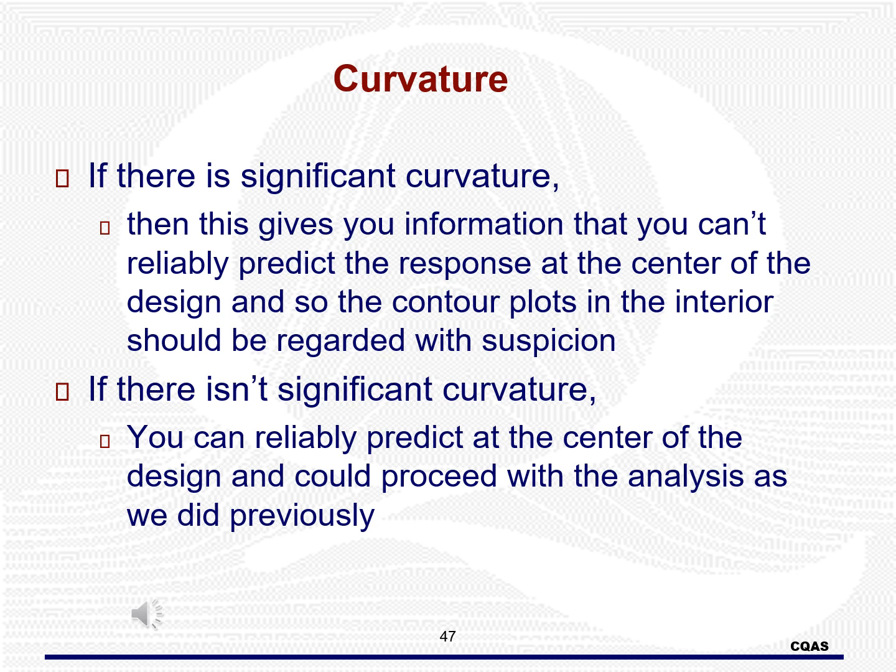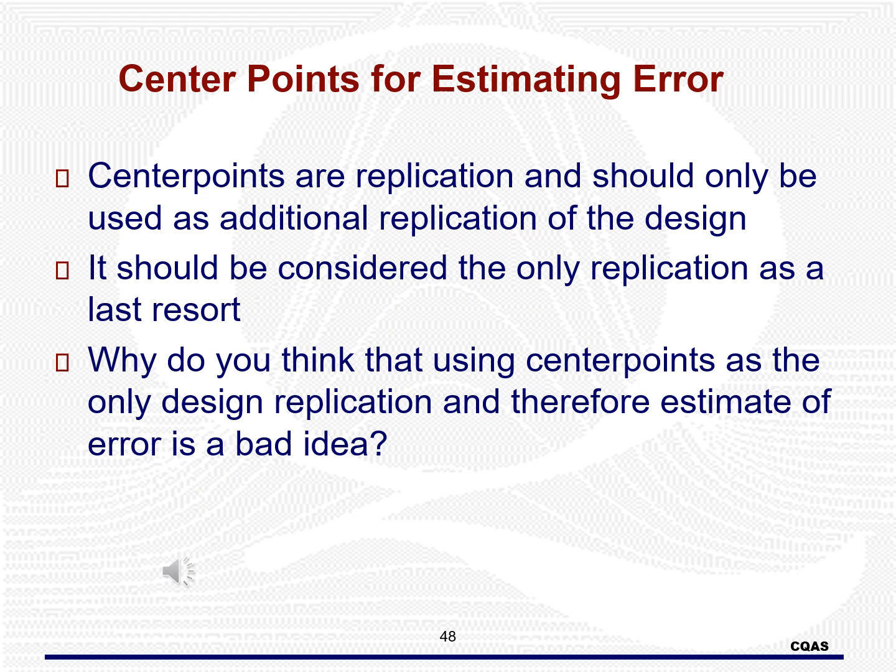3. If you do not find significant curvature, then continue with the analysis as we have been doing. Since center points are replication, they can be used to estimate error. This should only be done in addition to other replication in the design. Usually we only run a small number of center points, which means that we would be estimating variation with a small number of observations.